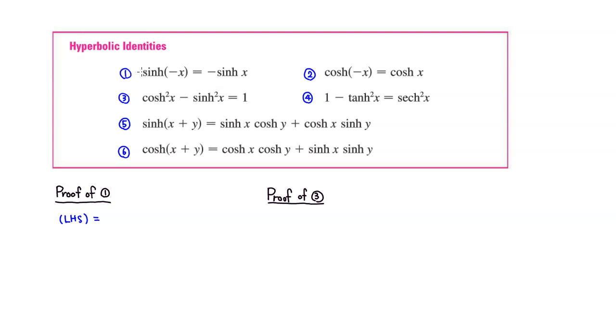Using the definition, hyperbolic sine of negative x is e to the, you have to plug in negative x, minus e to the negative of negative x, over 2. So that's the hyperbolic sine of negative x. But you can see that there's a double negative, so that's going to be positive here.